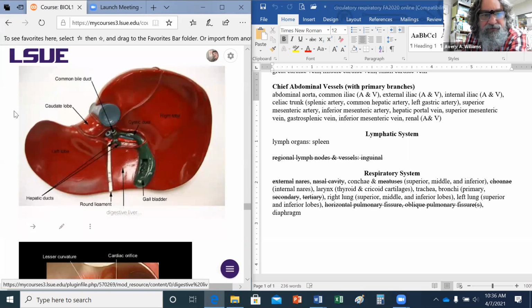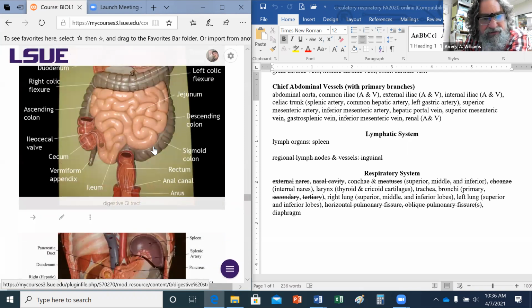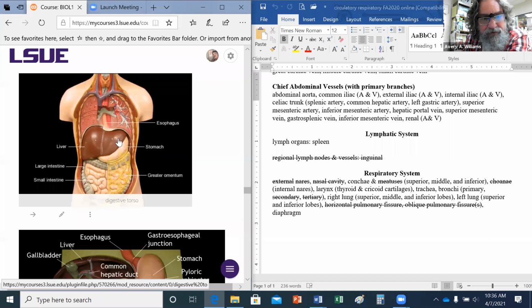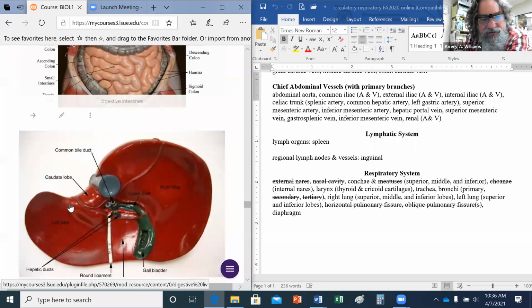Here's a liver, okay? This is a blood supply to the liver. If you look up underneath the liver, this is looking up underneath the liver. So if you look, say, like the liver intact, like right here. So here's your liver. You take it out of the model here and turn it upside down. This is what it's going to look like. See that? And underneath, this is where all the blood supply to the liver comes from.